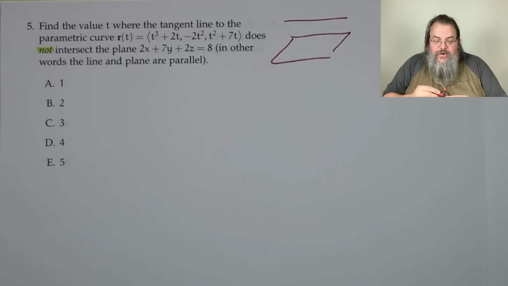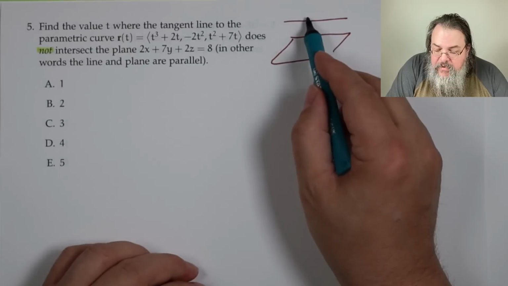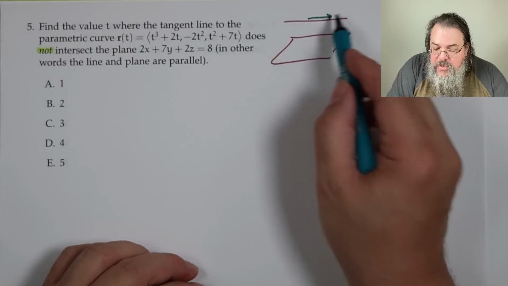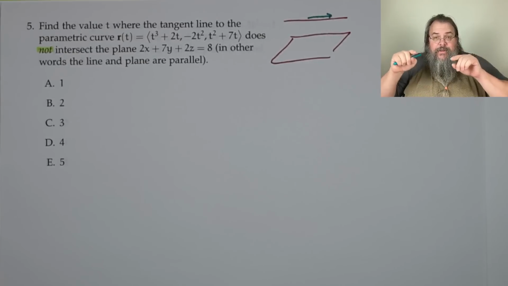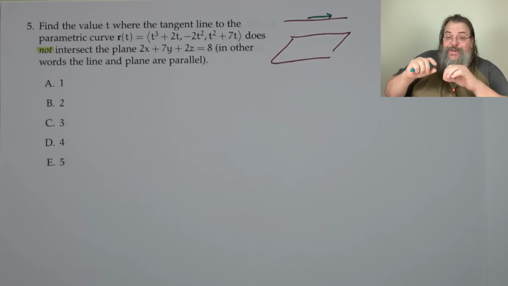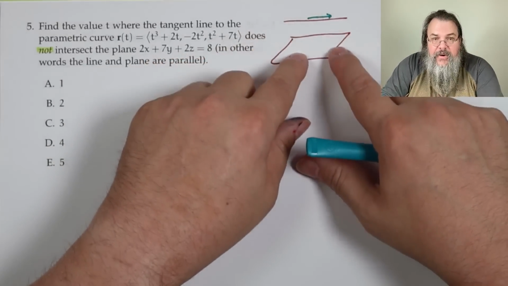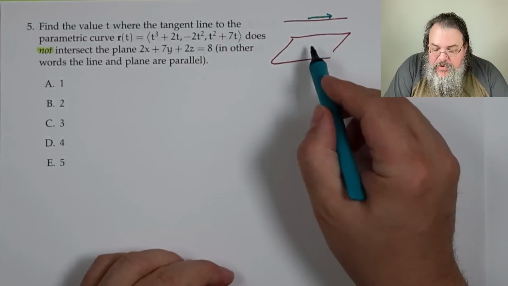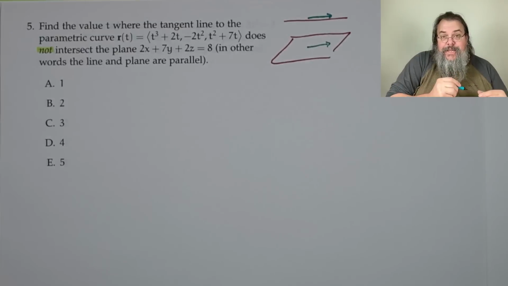Okay, so how do we figure this out? Now here's sort of the key. Notice that this direction is the direction of the line, but direction is attached to a vector. Vectors are not attached to location, so we could move that direction down, and in particular, the direction of the line has to be a direction in the plane.